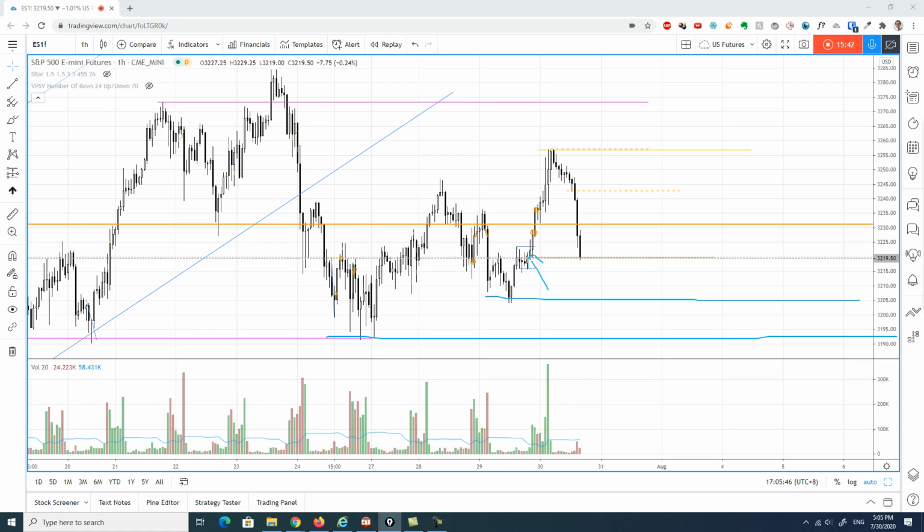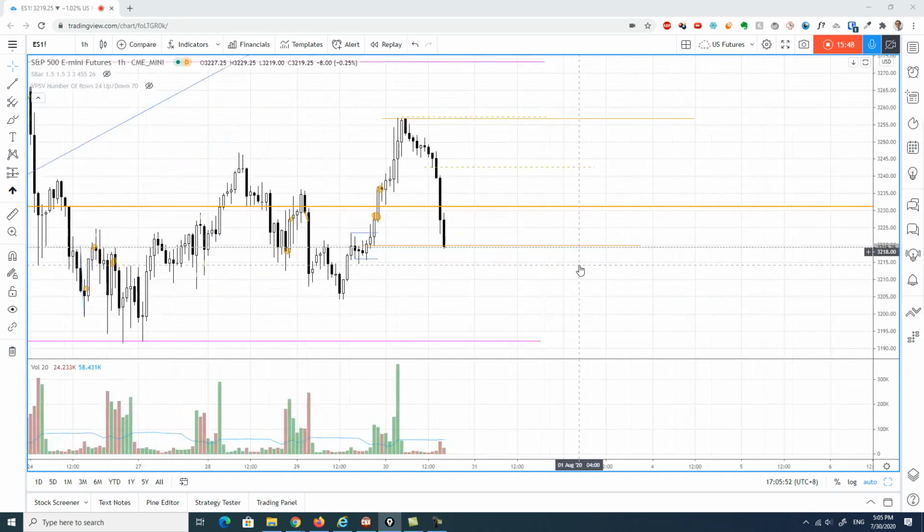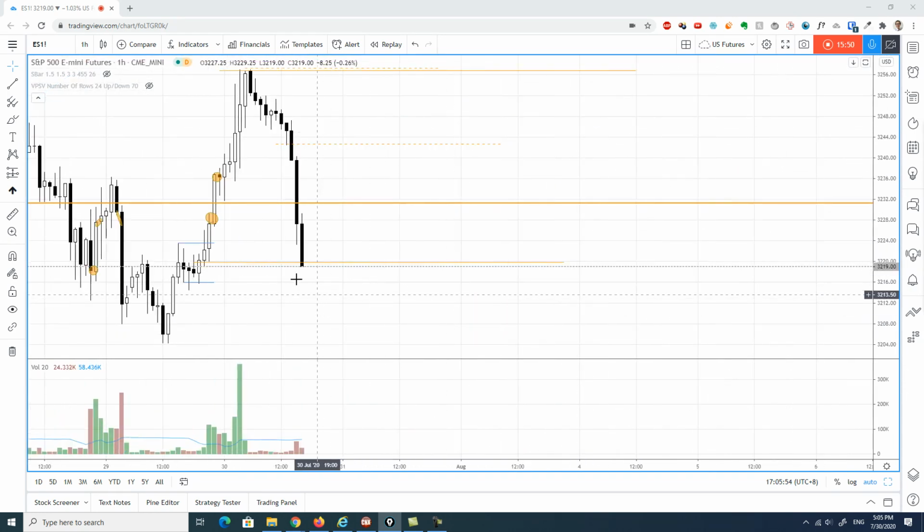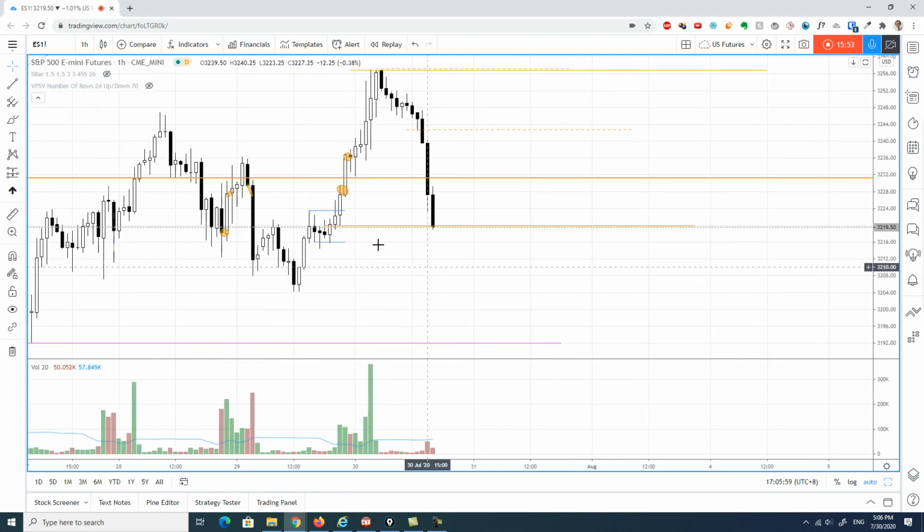For the potential setup, since the price is currently testing the day low and is breaking down a bit, I would like to see whether the 3220 level can hold and provide some support.